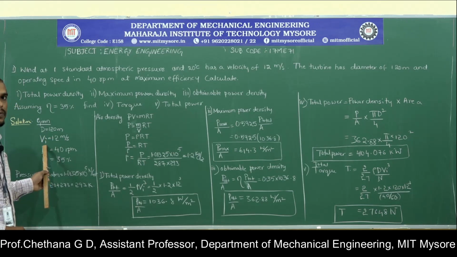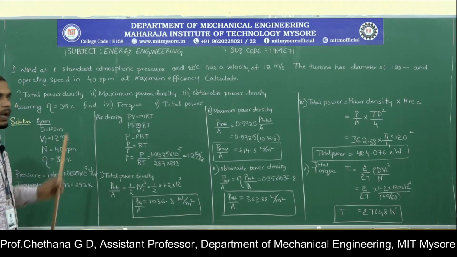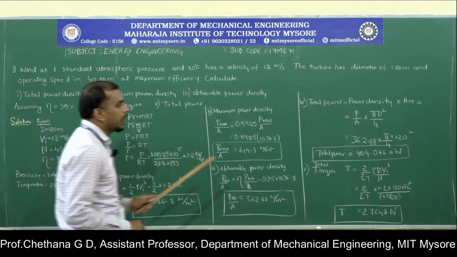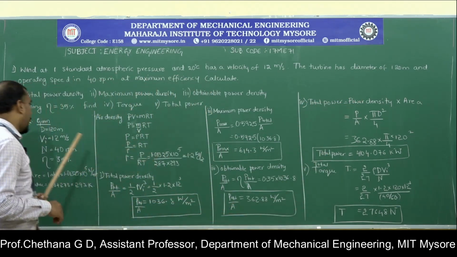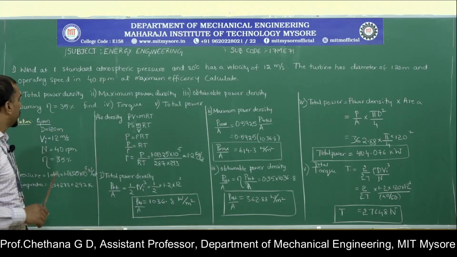Generally we denote velocity of the wind as V suffix I, that is velocity of the wind at the entry or inlet of the turbine. So V suffix I is 12 meter per second. The turbine diameter is given as 120 meter.